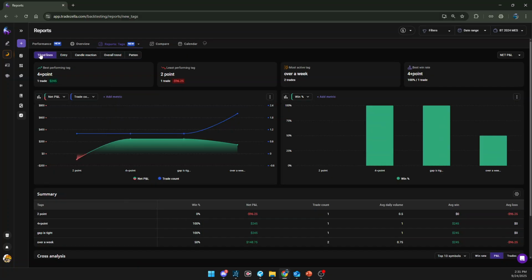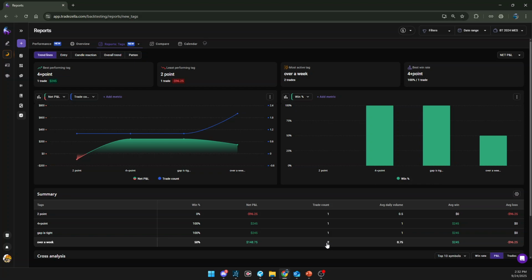So here are my tags. These are all the tags that I just shared with you, and this is giving me how many trades I've used this tag on. 2 of them, win rate was 50%.